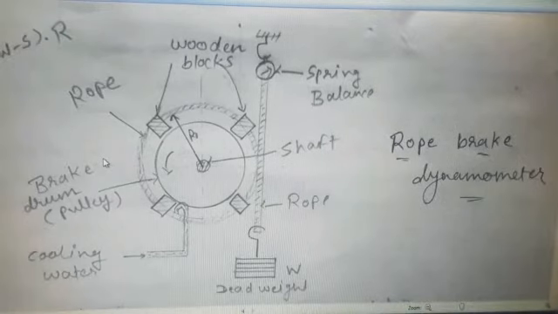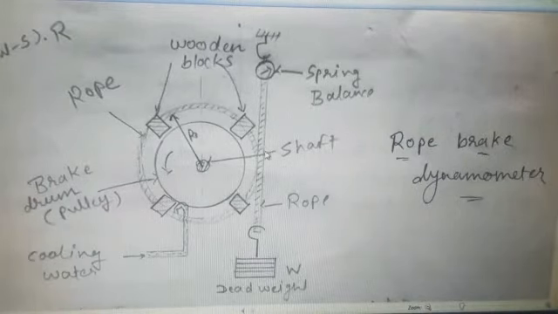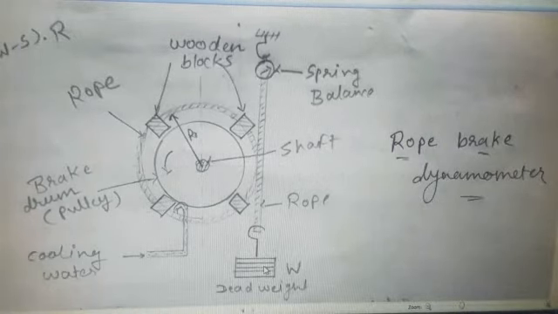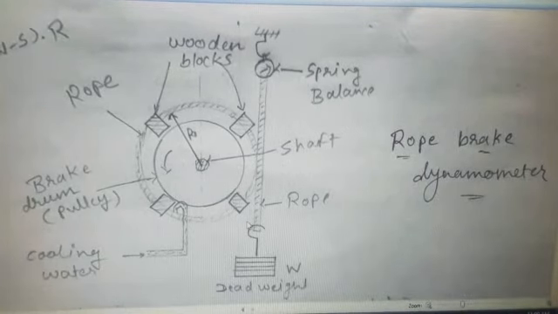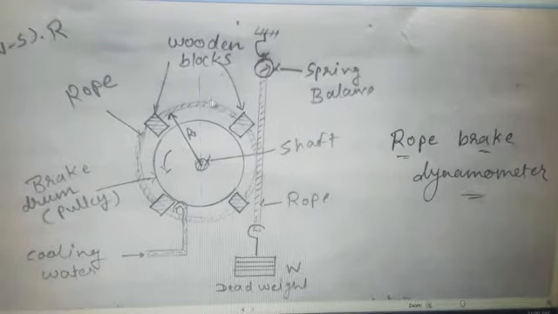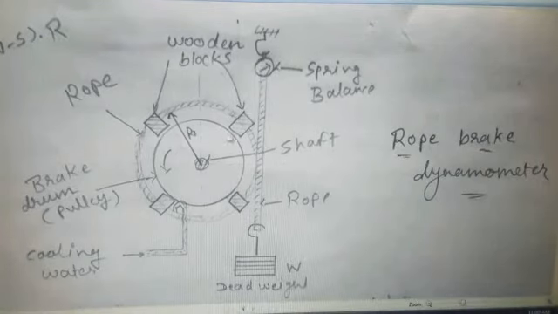As we have mounted a brake drum over this shaft, the lower end of the rope is attached with several weights. When you attach the weight here, the rope will be tightened along this brake drum, and finally the rope would stop the brake drum, or the pulley.